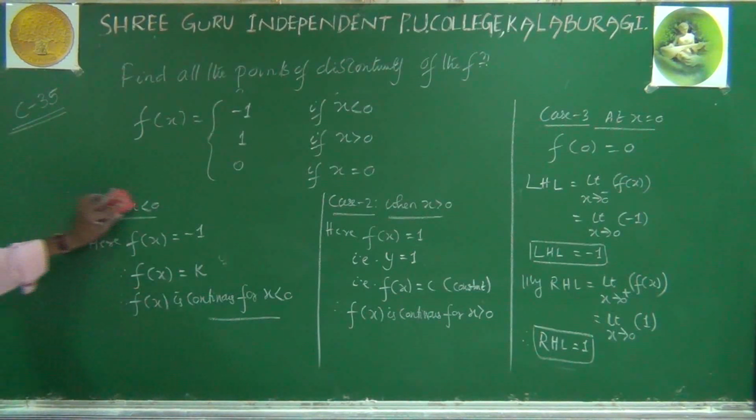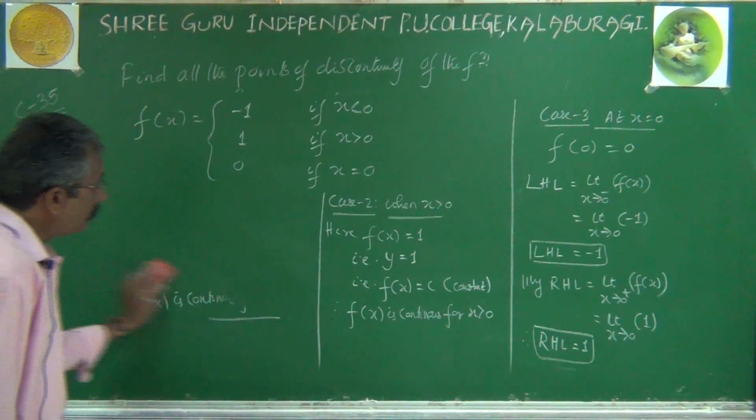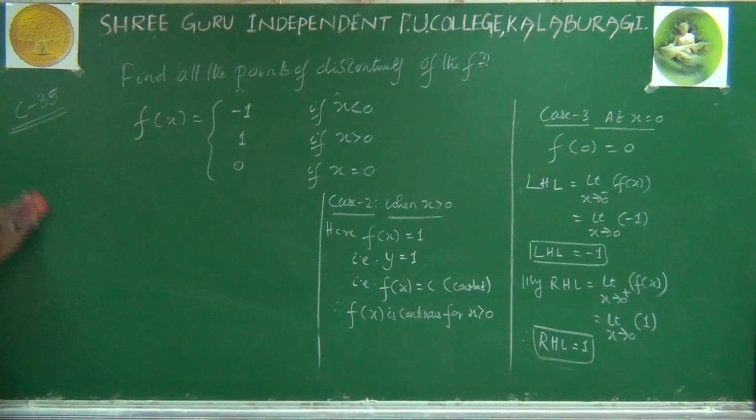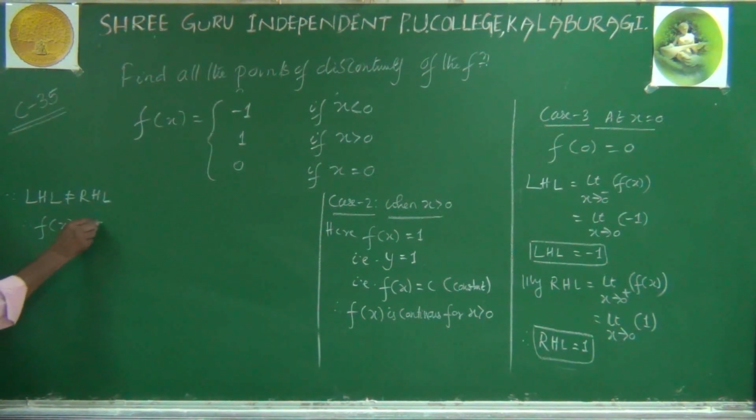What we can observe is that LHL is not equal to RHL. Since LHL is not equal to RHL, what is the remark? The function is discontinuous at x equal to 0.